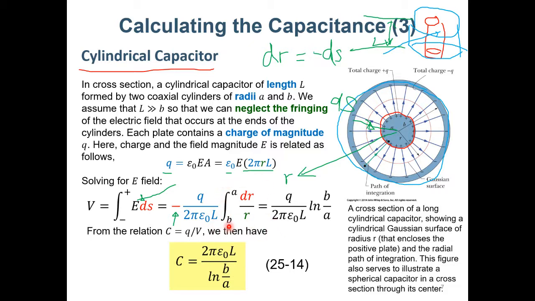This integration is easy, just a log, and we have a negative sign, so it's nothing but log b over a, because log b minus log a.